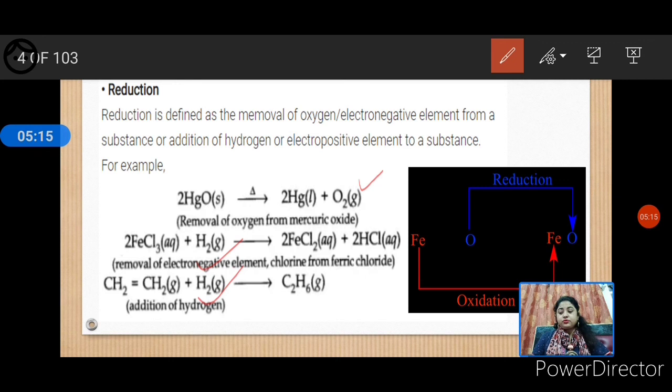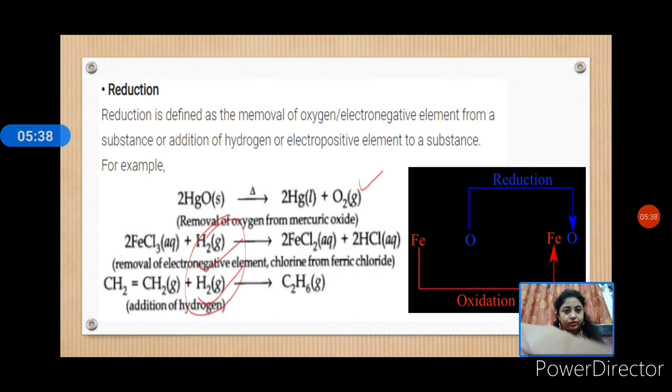A substance which undergoes oxidation acts as a reducing agent, while a substance which undergoes reduction acts as an oxidizing agent. In this reaction, the substance which is bringing reduction is known as the reducing agent. Because of hydrogen, reduction is occurring, so hydrogen here is a reducing agent.